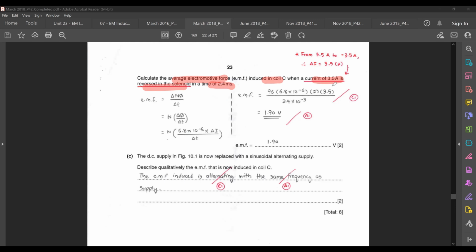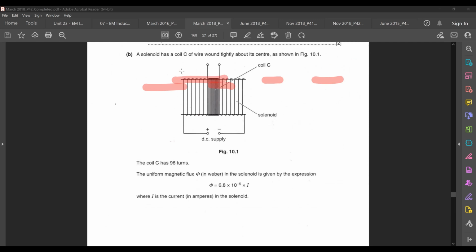Remember, whenever you see something in a question that tells you something is reversed, like current in your case, more often than not you will need to multiply something by 2 in your working.